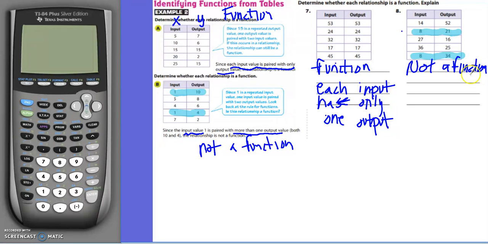Remembering our reasoning, the input 8 has more than one output.